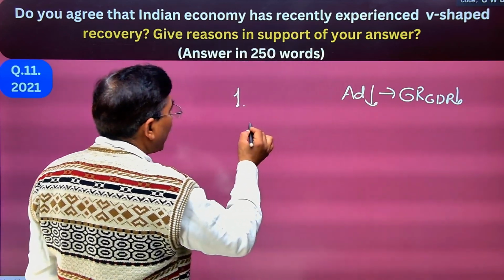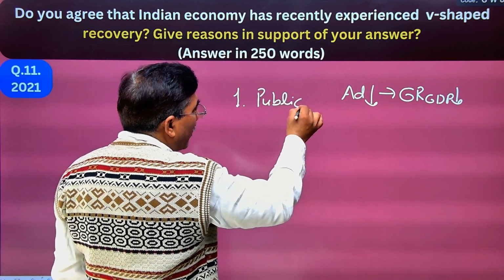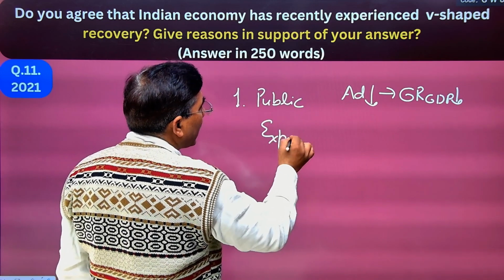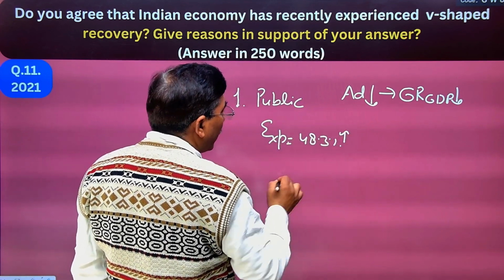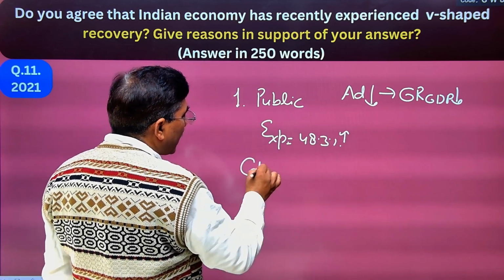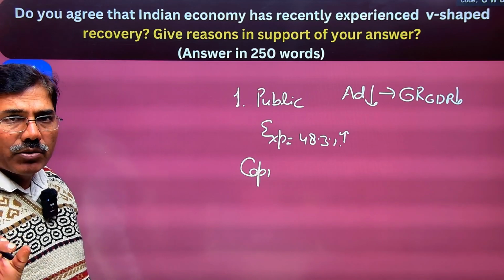But again, what did the government do? First step: public expenditure increased by the government by 48.3%.